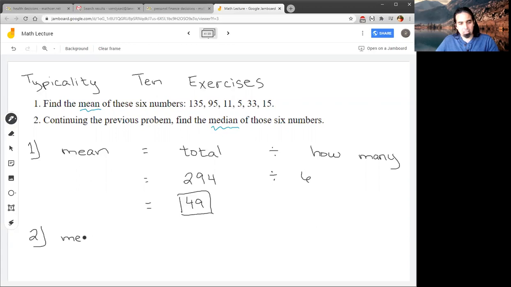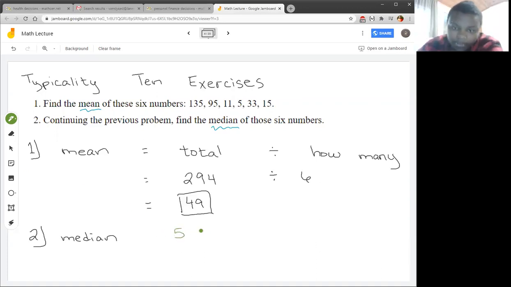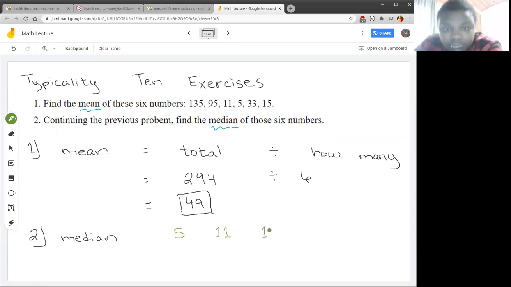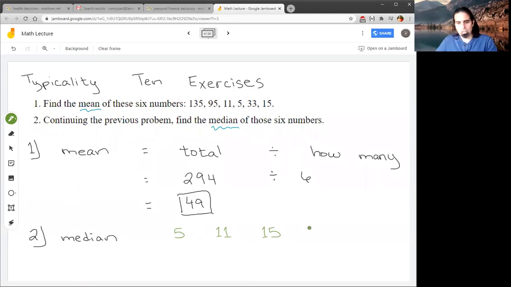So the median isn't a formula, it's a process. We're going to list them in order. What's the smallest one in our list? 5. 5, then 11, 15, 33, 95, and 135.